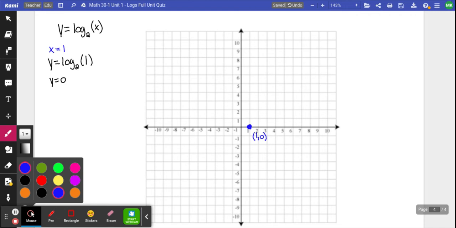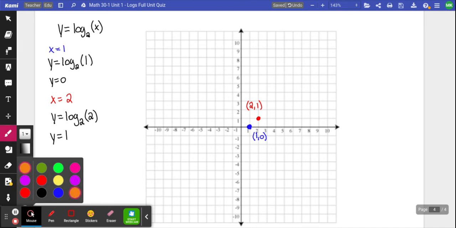And then you could do another one. What happens when x equals 2? You go to your original equation, you change x to be 2, and then you calculate it, and you should get y equals 1. So there's your second point, x equals 2, y equals 1. And then do a few more. You can do any x values you want.